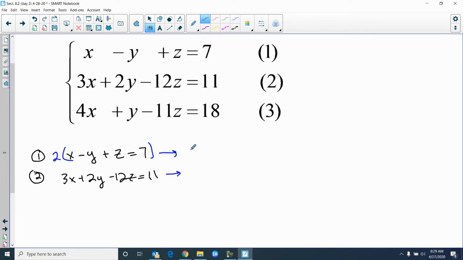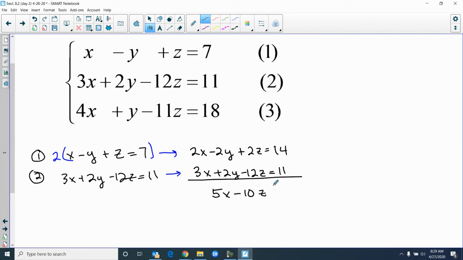And that gives me 2x minus 2y plus 2z equals 2 times 7, which is 14. And I got 3x plus 2y minus 12z equals 11. 2x plus 3x is 5x minus 10z. 14 plus 11 is 25.